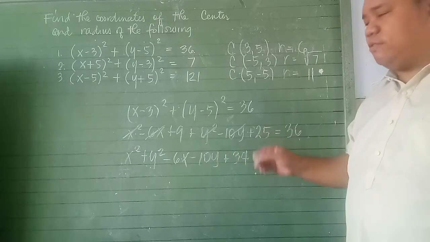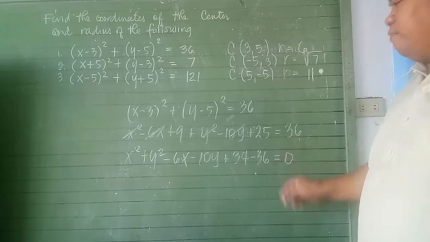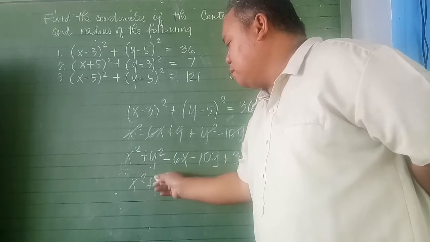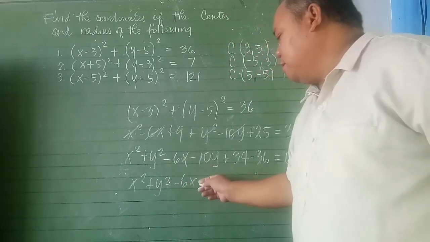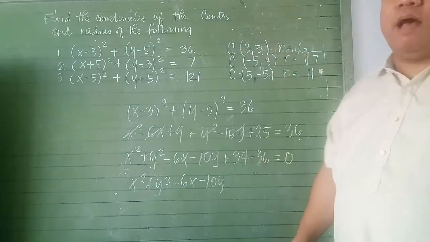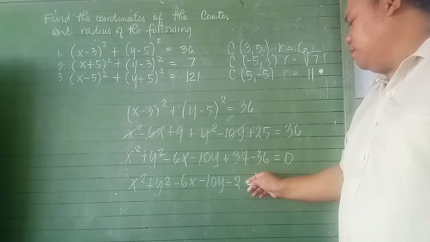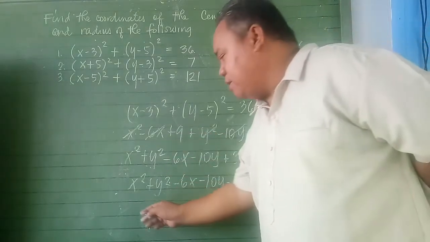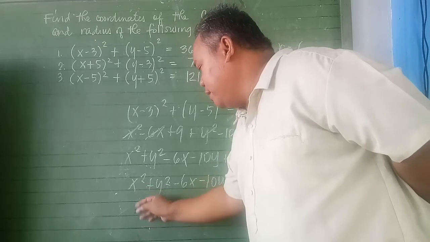Transpose this 36 to the right side, negative 36 equals 0. Again, arranging this, we have x squared plus y squared minus 6x minus 10y, plus 34 minus 36, which is negative 2, equals 0.